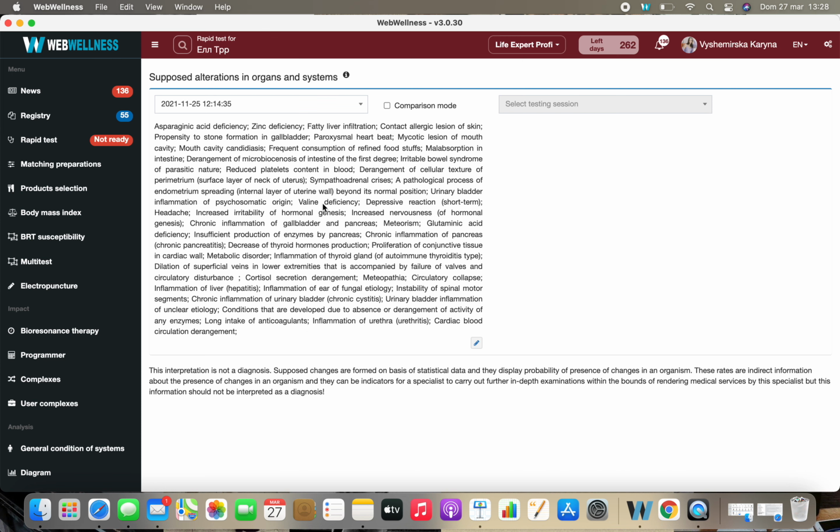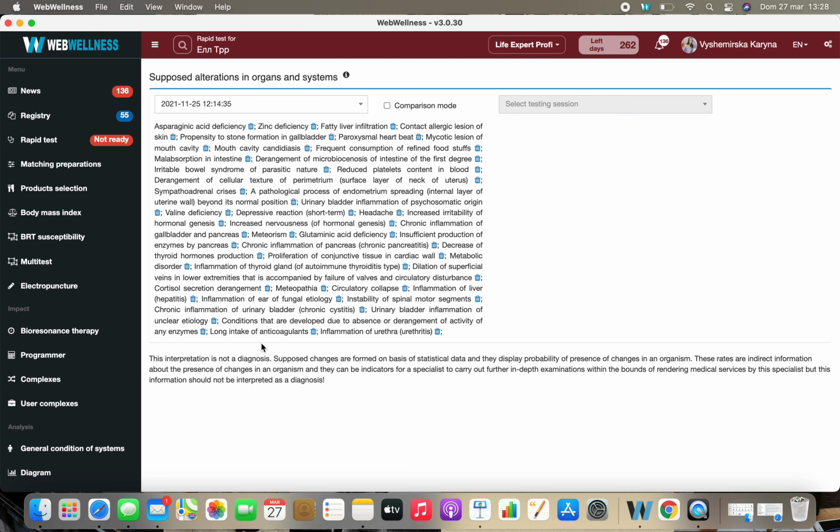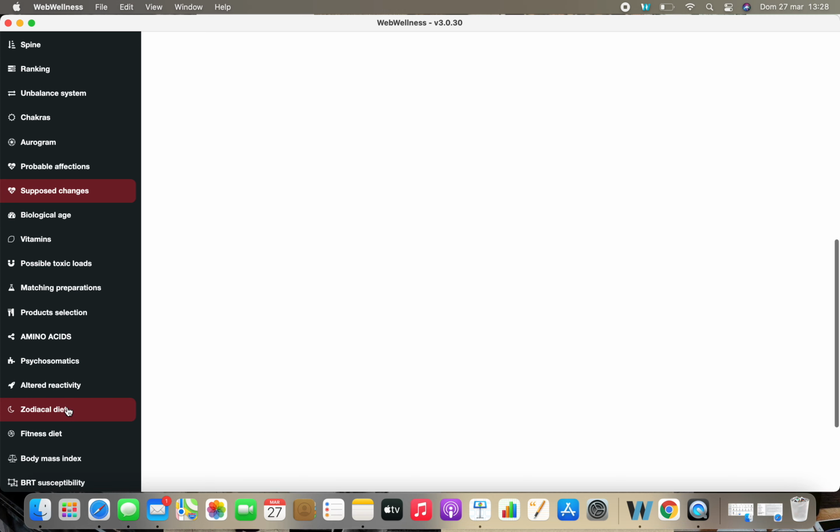It is very accurate, and the good thing is that if you see that something is not true for the person, you can eliminate it from the system. So it just gets eliminated and it will not appear in the test report. But the majority of these things are really true. It is very precise, even though we are just using statistical data.